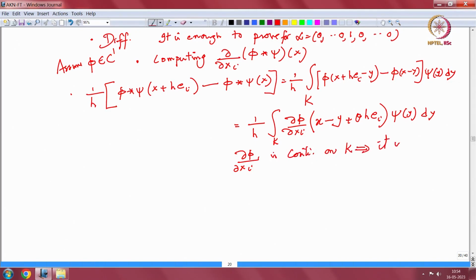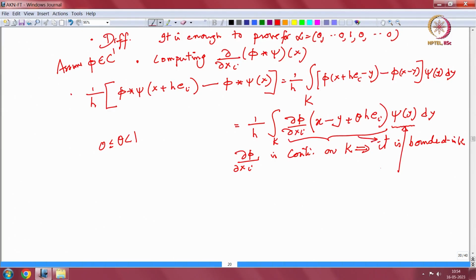So, you have a bounded function here, bounded in k, and psi is an integrable function on k.